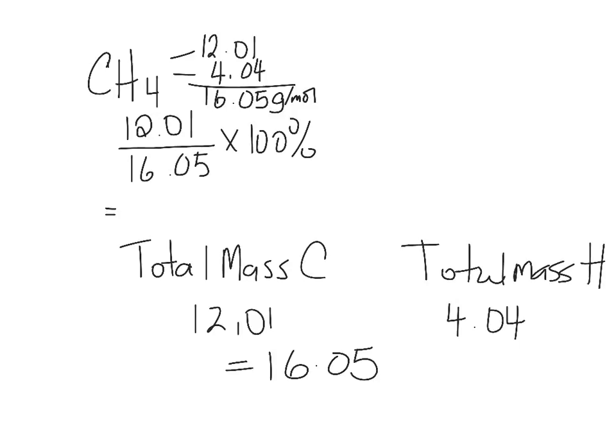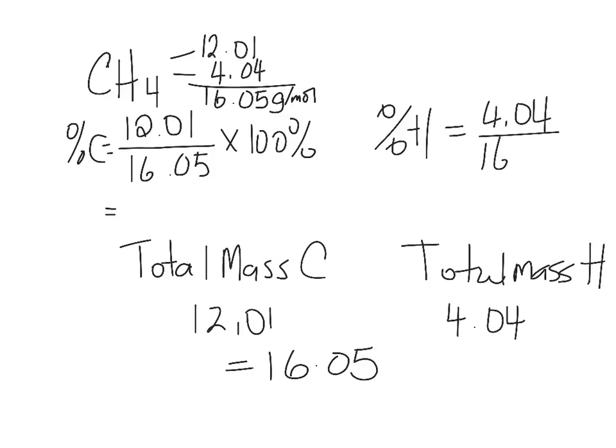So with the percent carbon, you're going to take 12.01 divided by 16.05, times 100. Percent hydrogen, you're going to take 4.04 divided by 16.05 times 100%.